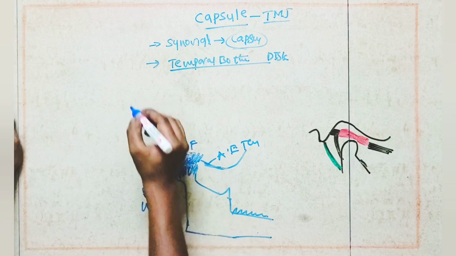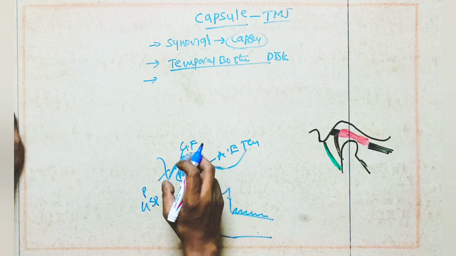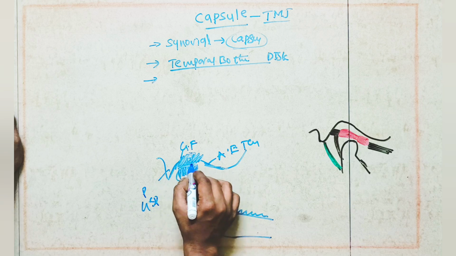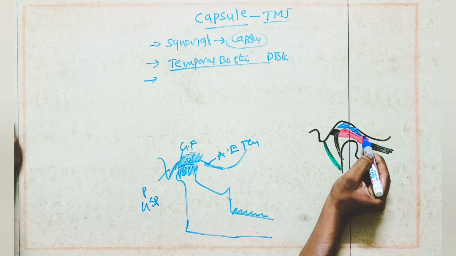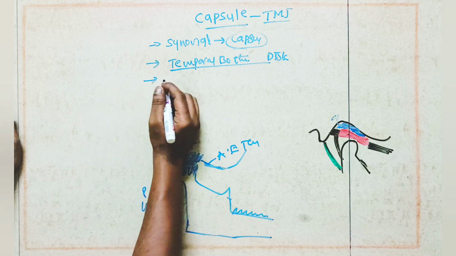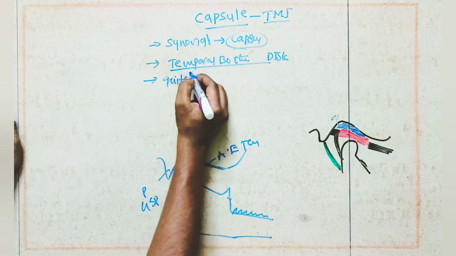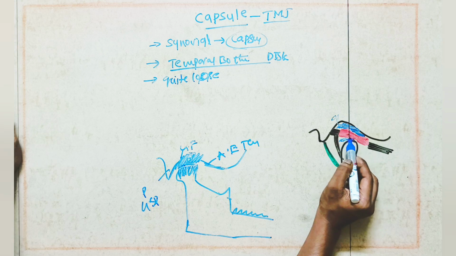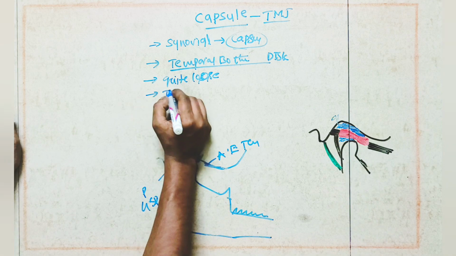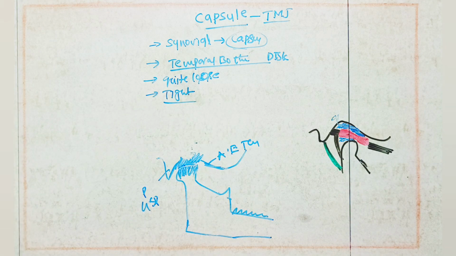One more point: the capsule above the disc. Here we have the disc. The capsule which is present above the disc is a little loose, quite loose, and the capsule which is present below the disc is a little tight. Understand the difference?